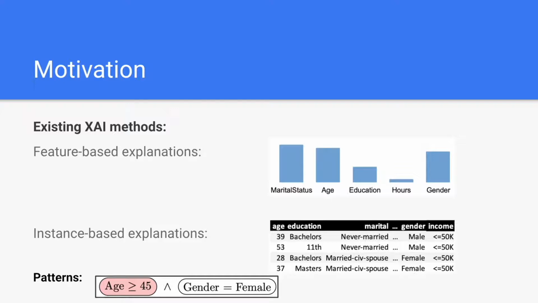Based on this motivation, our system Gopher is designed to identify cohesive subsets of the training data that are most responsible for the bias, and can compactly describe the subsets using patterns that are conjunctions of predicates. In general, Gopher supports two kinds of explanations.